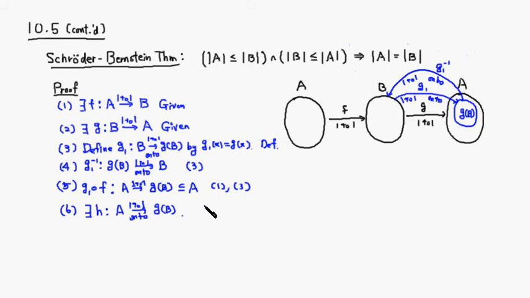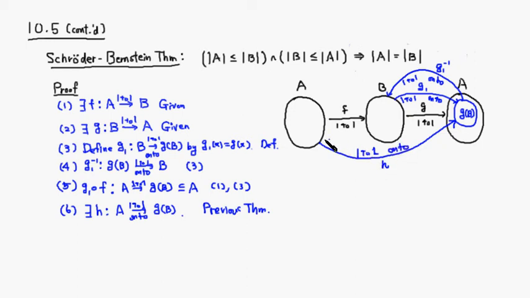This is by the previous theorem we proved. So we have a bijective function h from A to g of B, and this is one-to-one and onto.